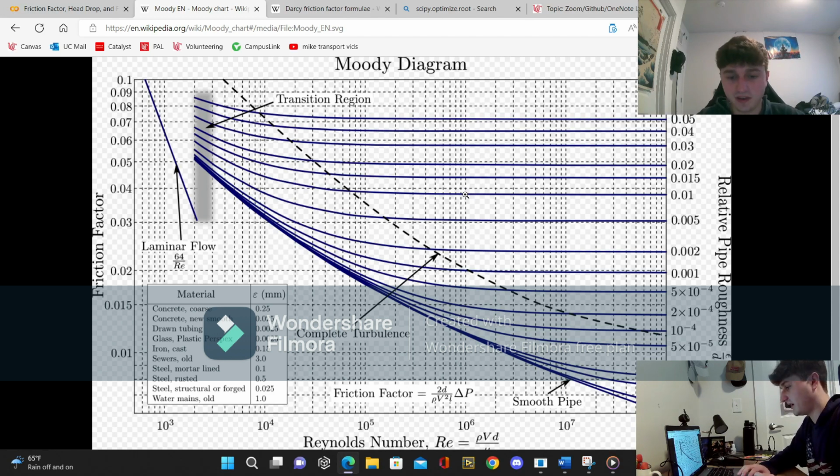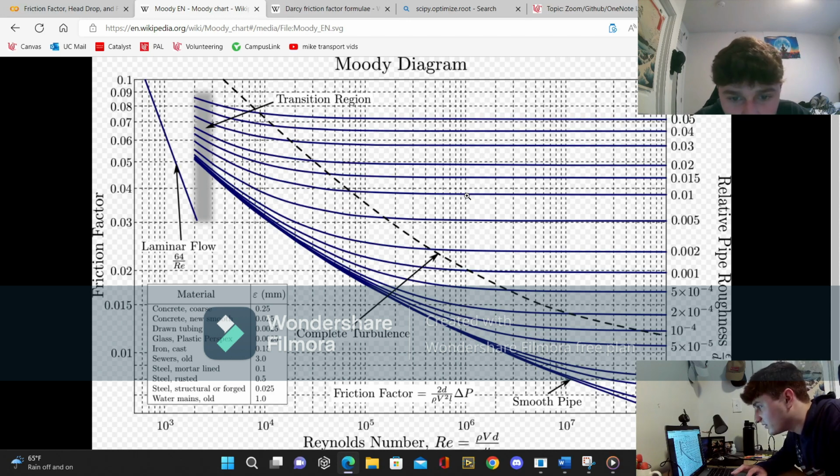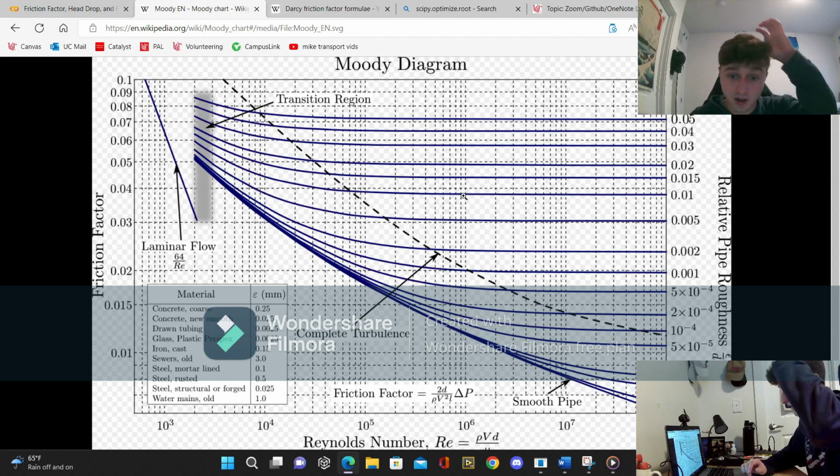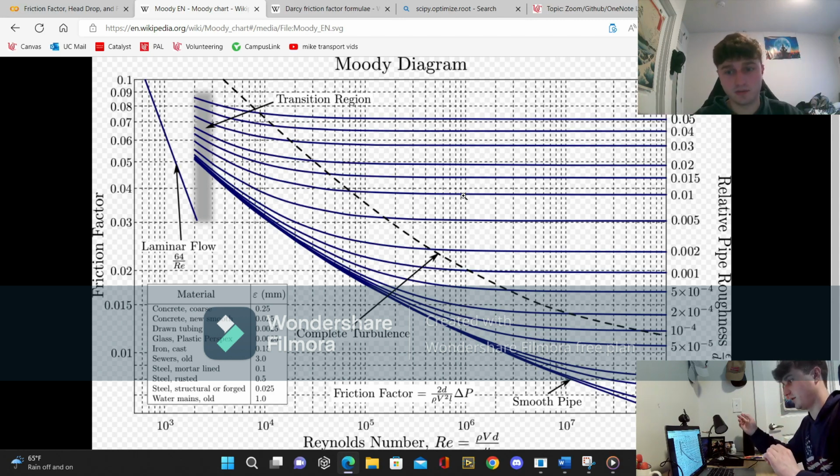And then we have 10 to the 6th for our Reynolds number, as you can see on the bottom. So if you see my cursor right here, this looks about 0.038, somewhere in there. So if we divide that by 4, we should get about 0.0095 for our friction factor.